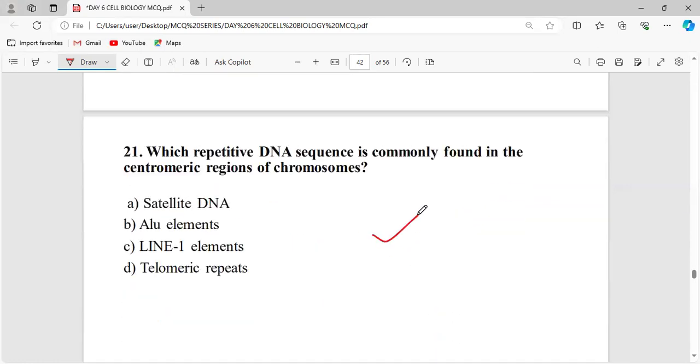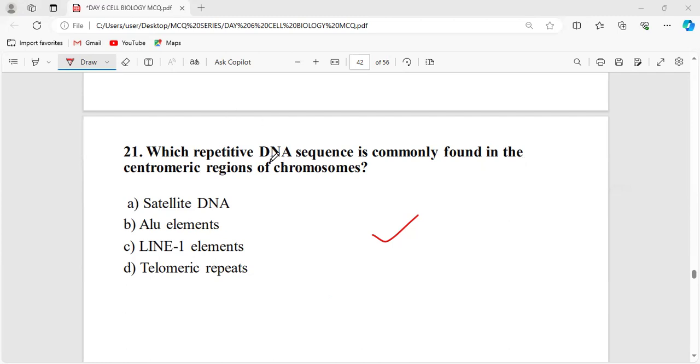Okay, which repetitive DNA sequence is commonly found in the centromeric region of the chromosome?